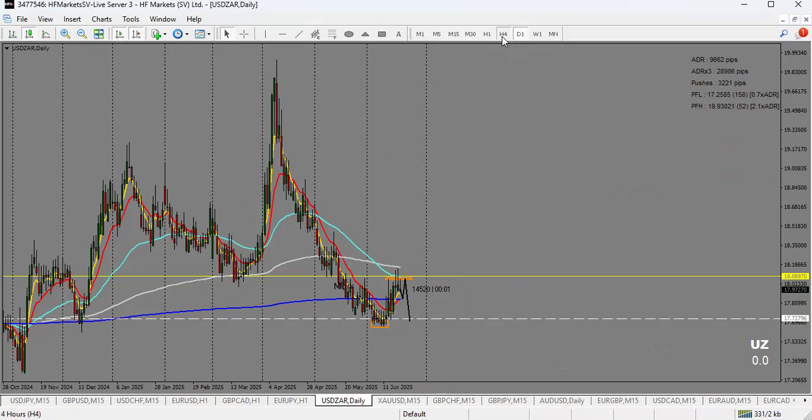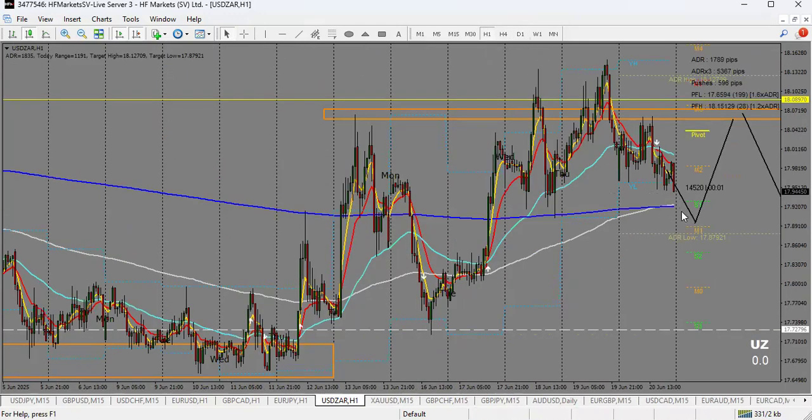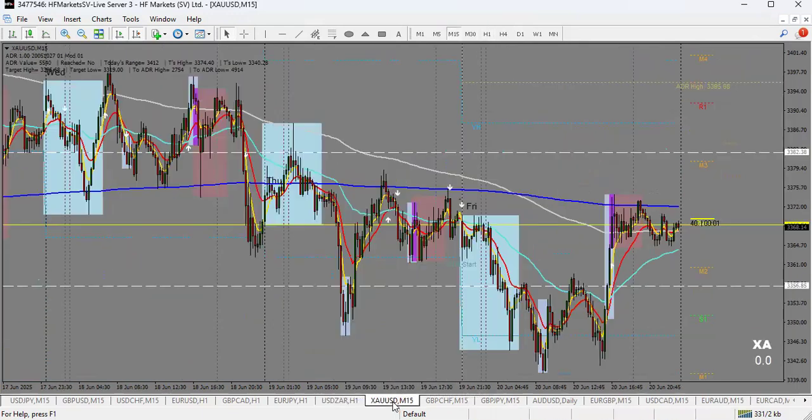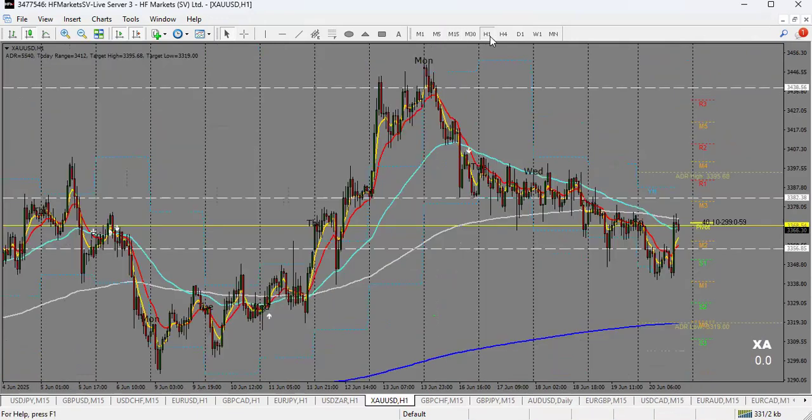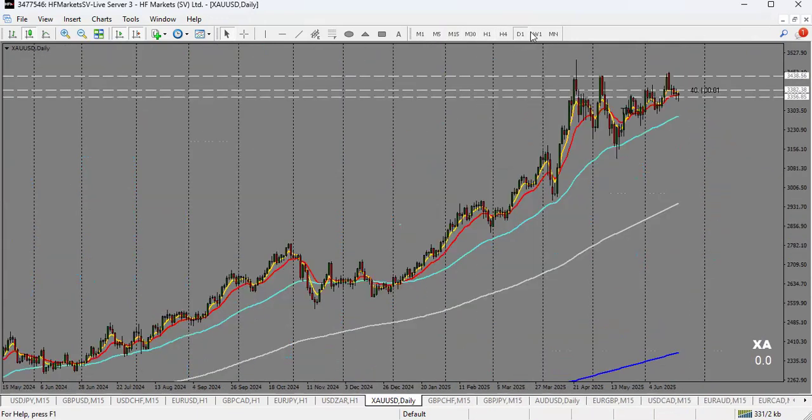But if price breaks this zone, then our bullish trend still stands. So that is how you should look at USD ZAR this week.